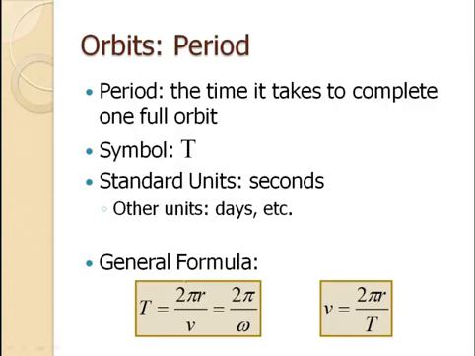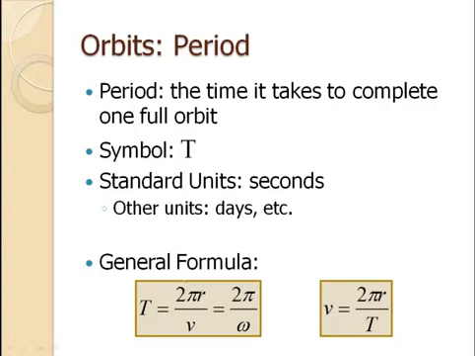And of course the standard unit for that would be seconds, although usually with orbits, periods are so big that seconds isn't very practical to talk about. We usually talk about periods in terms of minutes or hours or even days. And for some planets around the sun, we even talk about it in terms of years.